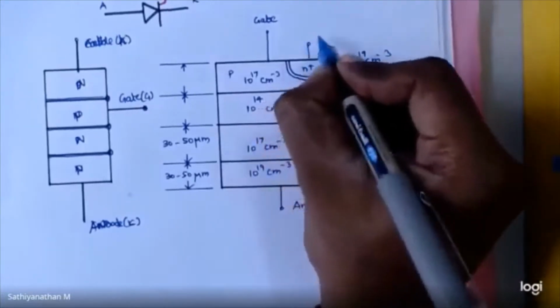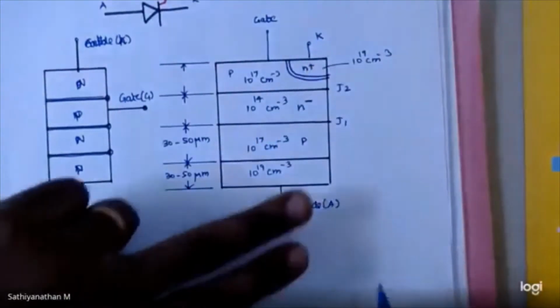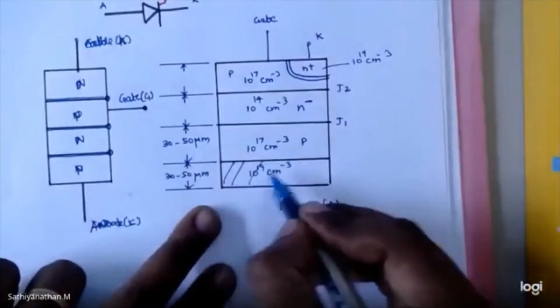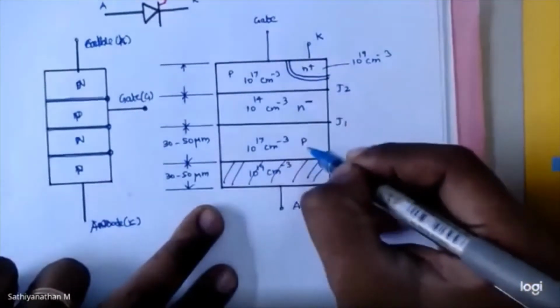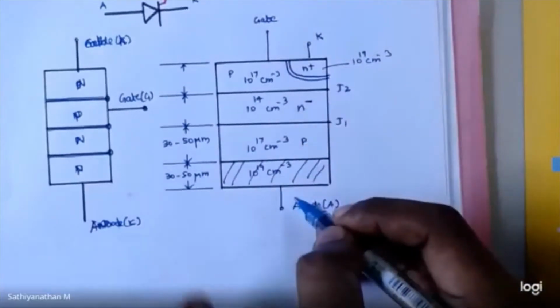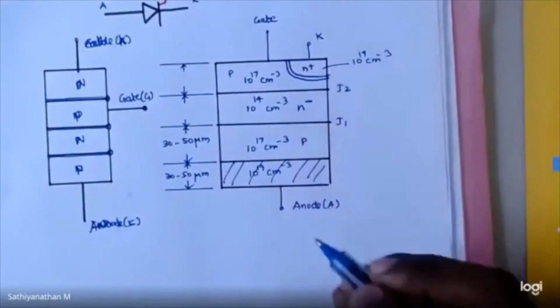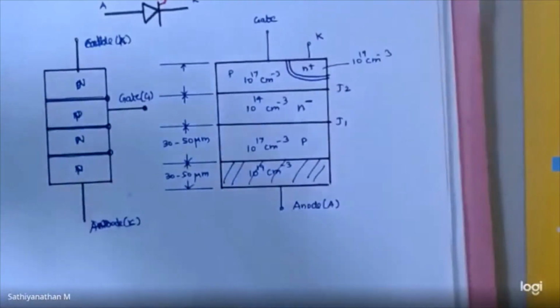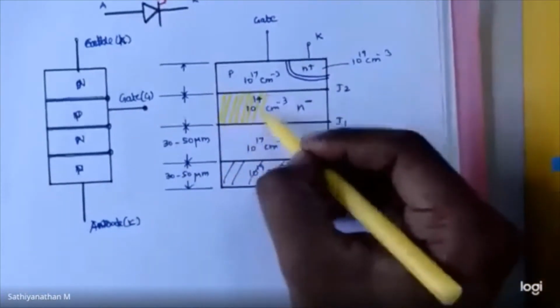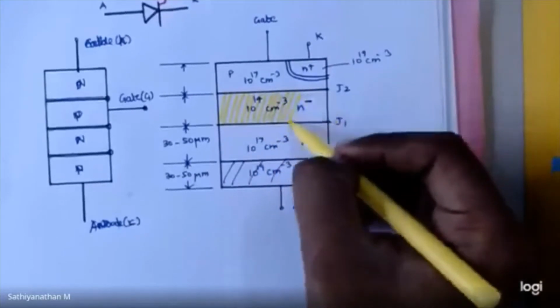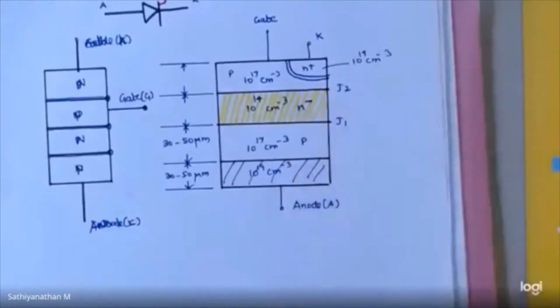This is called the cathode. So this is your base layer, over which we are forming 4 layers, P N P N layers with different concentrations. So this layer will act as a drift layer for an SCR.